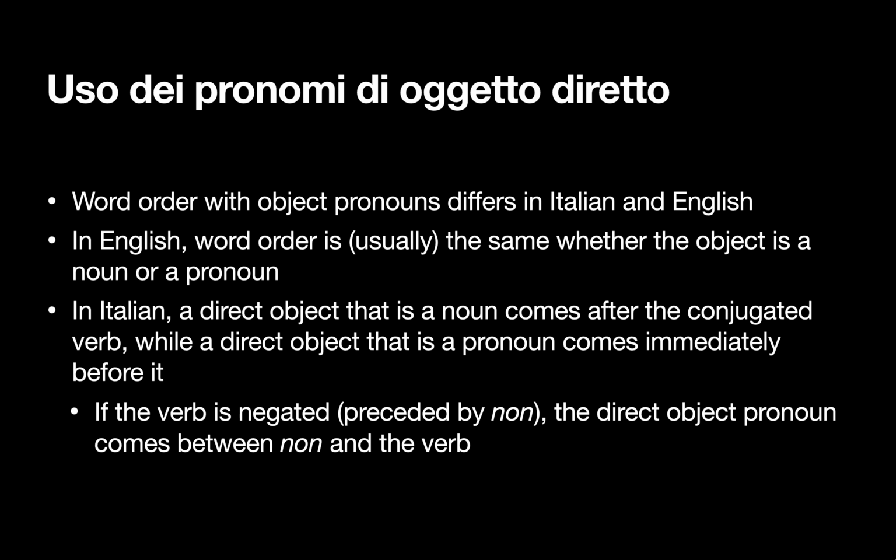In Italian, though, the presence of an object pronoun completely changes the flow of the sentence. So a direct object that is a noun in Italian comes after the conjugated verb, just like in English. On the other hand, a direct object that's a pronoun comes before it. If the verb is negated, if there's non in the picture, then the direct object pronoun comes between non and the verb.